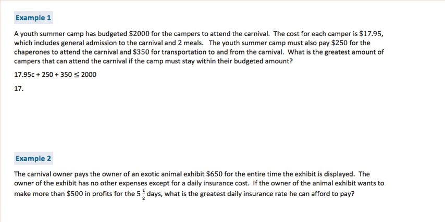We'll combine our like terms. 17.95C plus 600 needs to be less than or equal to 2,000. And then we'll solve.